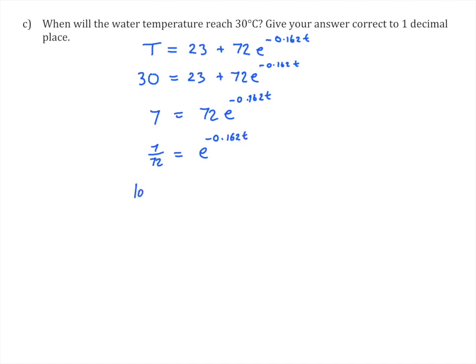Slide our bases. Calculate the natural log of 7 over 72 and then divide it by minus 0.162, and you'll get an answer that's very close to 14.4, and this is in minutes. So after 14.4 minutes, the temperature will be 30 degrees.